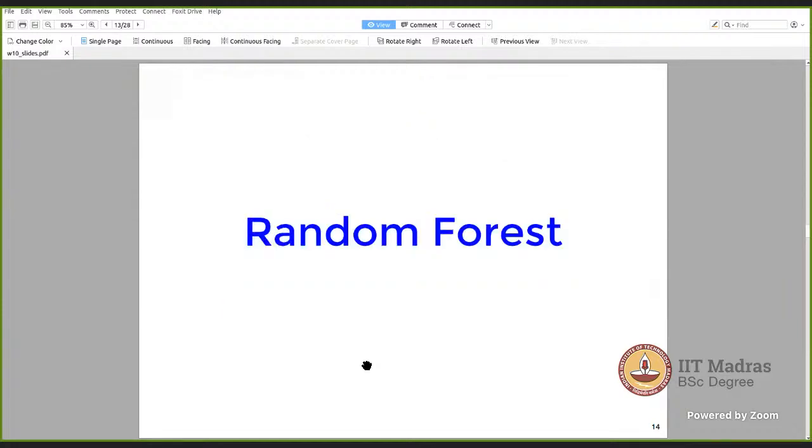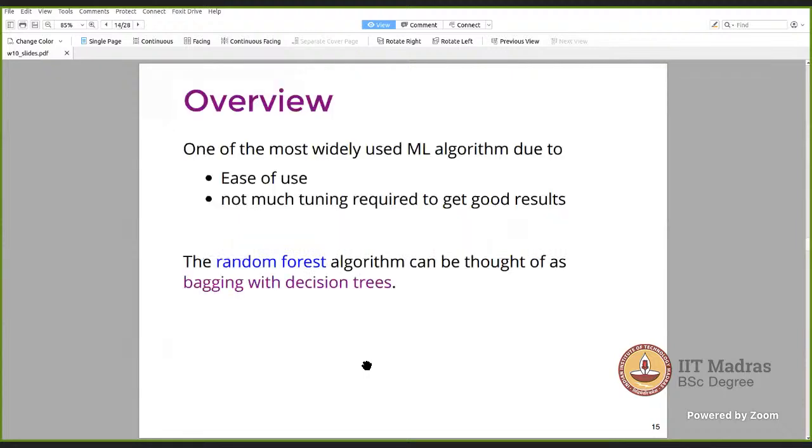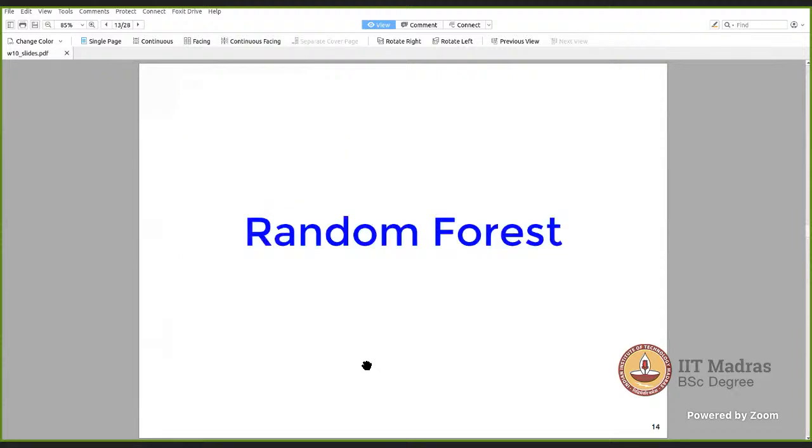Now let's talk about a special case of bagging, which is random forest. The difference between bagging and random forest is that in random forest, we choose a subset of features. That's the crux.